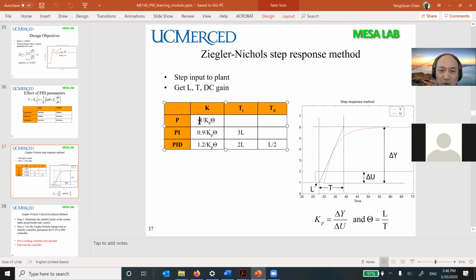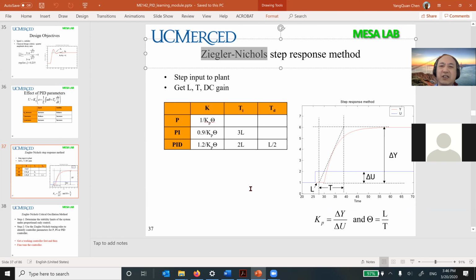These magic numbers 1.9, 1.2, 2, 3, and 2 divided by 2 here, these coefficients were decided by these two gentlemen in 1942 and first published in the ASME journal. I'll upload their original paper for you. They did an exhaustive summary of existing control loops in operation and how parameters were decided.